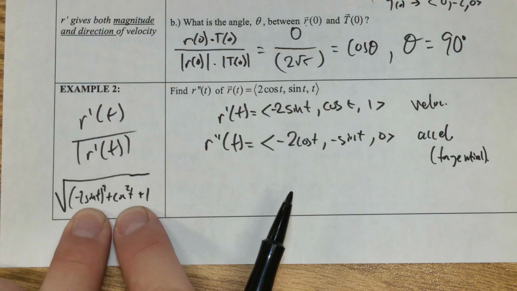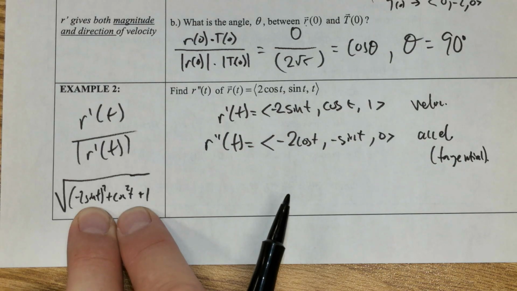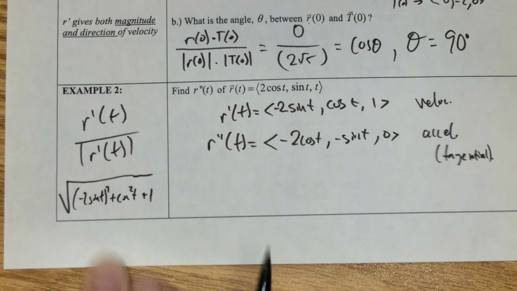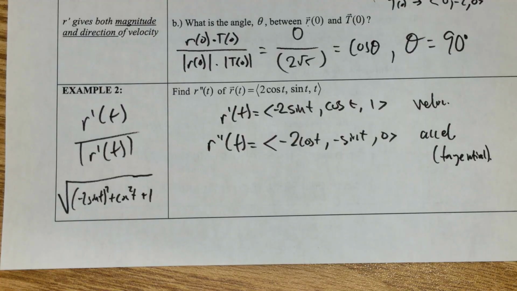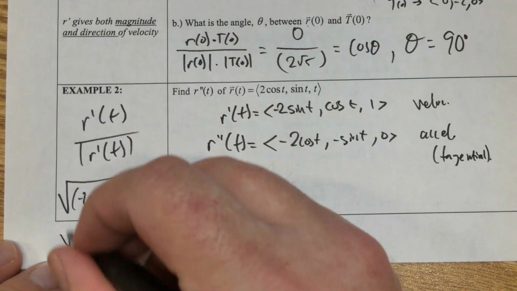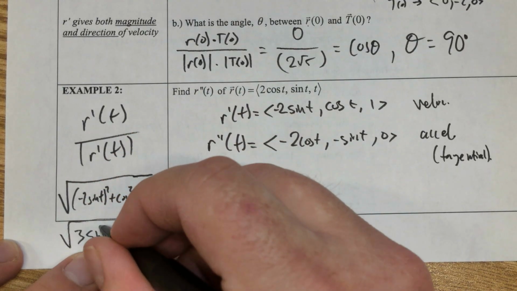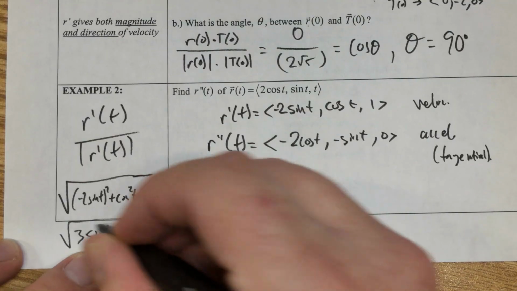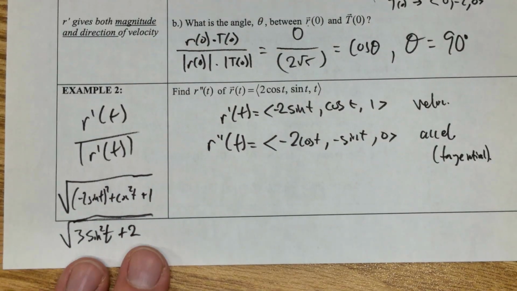Often you'll get these sine cosines that cancel. In this case, there is an uneven amount of sine and cosine, so it doesn't quite make a nice quotient. It actually ends up being a little bit ugly. I end up with 3 sine squared t plus 2. That's my magnitude.